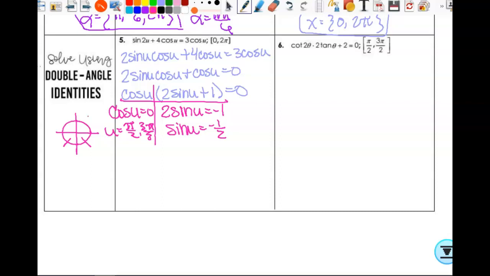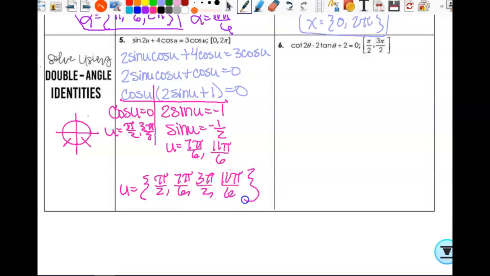Pi 6. Okay, so I need my third quadrant pi 6 angle, which is 7 pi 6, and my fourth, which is 11 pi 6. So all together, I get that u is equal to pi halves, 7 pi 6, 3 pi halves, and 11 pi 6.